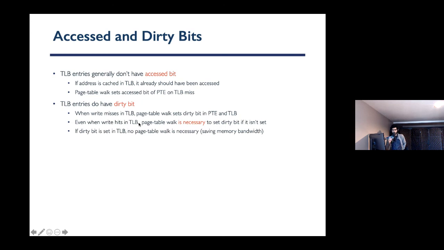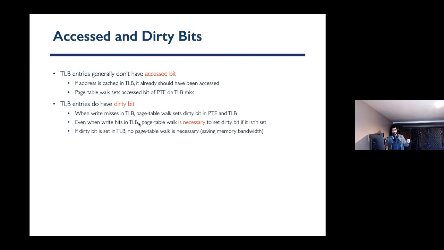Now, why do you want to have the dirty bit in TLB if you're going to go to the page table entry and set it? Well, the reason is you just do it on the first write, and the consecutive writes that you do, you don't need to go and set the dirty bit in page table entry. You just do it once.